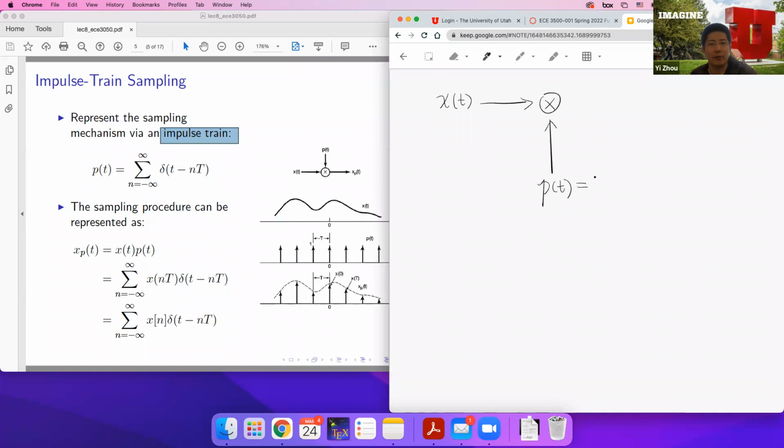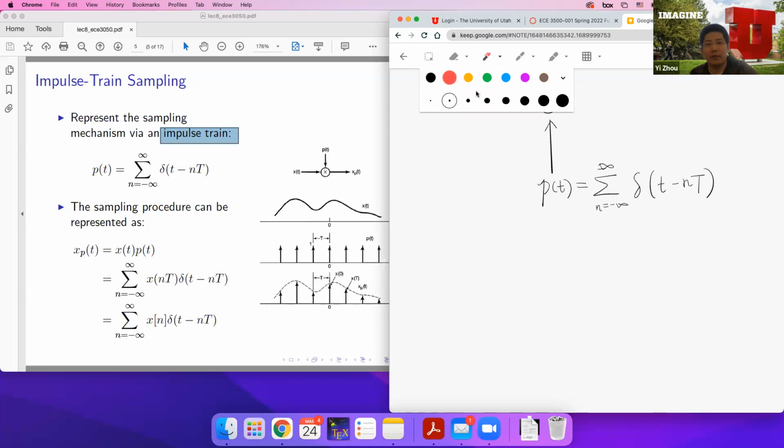So p(t) is basically a bunch of impulses that are periodically located on the time axis. And here, this capital T is the sampling period that we are looking at.